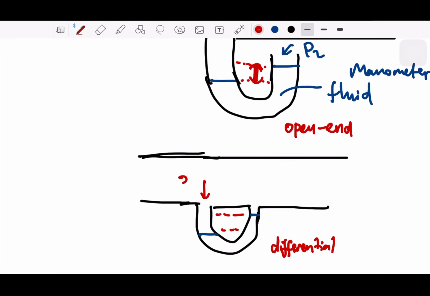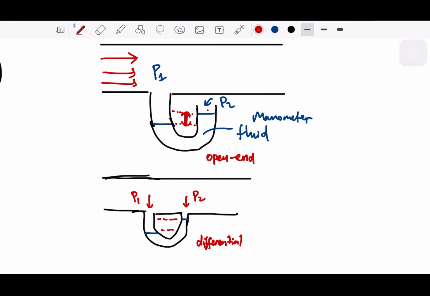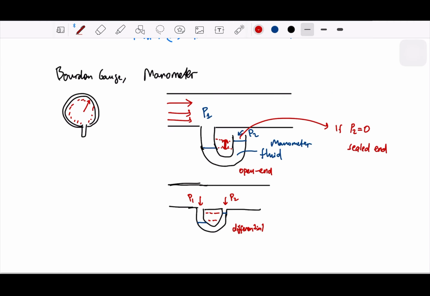So we have P1, we have P2, and if P2 is 0, or we sealed the pressure, we call this the sealed end. Okay.